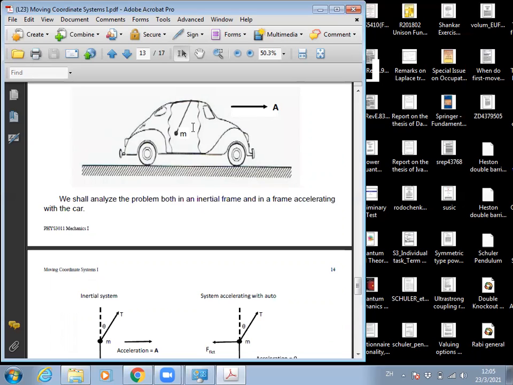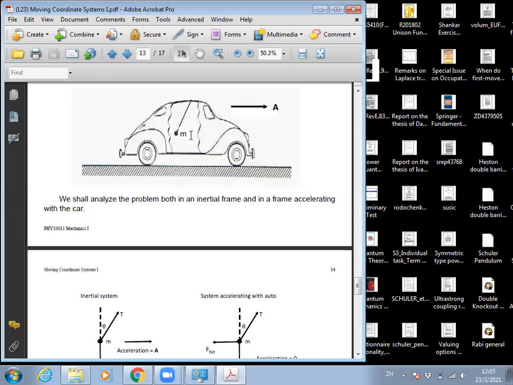So what is the maximum angular amplitude? At t equal to 0 plus, we have a gravitational force in this direction. Am I right? And the position of the mass is in the vertical direction.